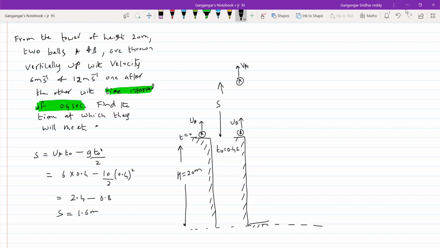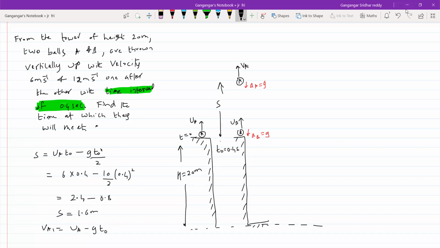Okay, now what we have to do? Here you are going to apply the relative motion formula, substitute all and carry on. So now apply the formula. We need VA1 also. How to calculate VA1?